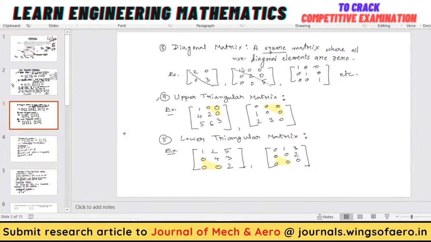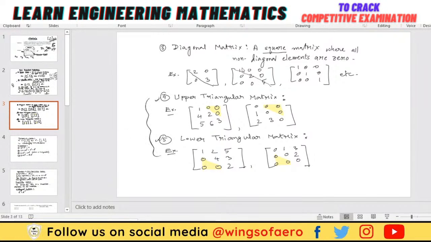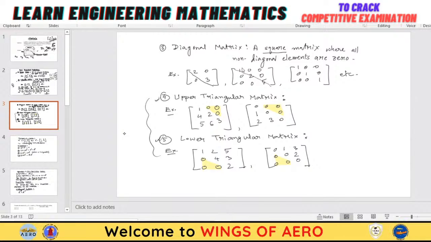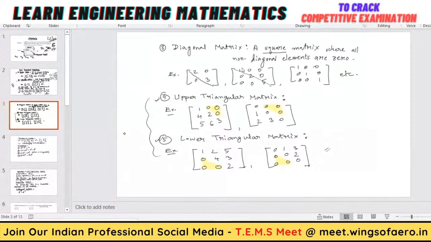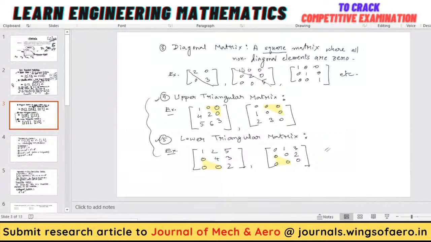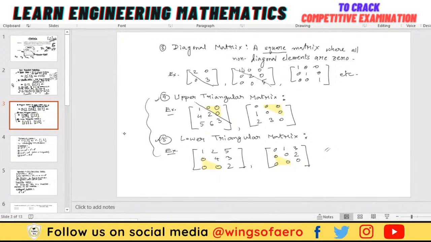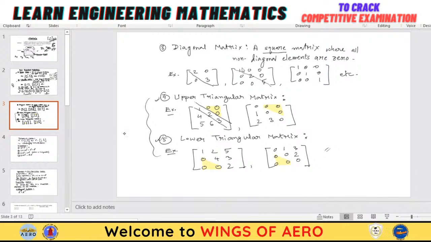Okay, next one is upper triangular and lower triangular matrix. Very important definitions, because when you are going to find out the rank of a matrix, you have to convert the matrix to lower triangular. So upper triangular and lower triangular, these two matrices. Look at this. Upper triangular means if I divide this matrix like this, these are the diagonal elements 1, 2, 3.